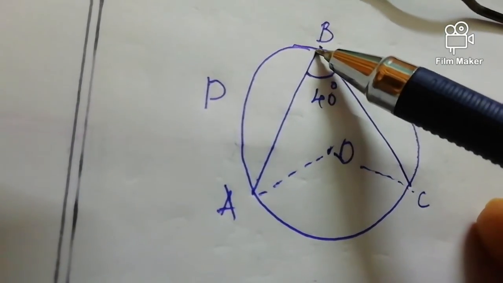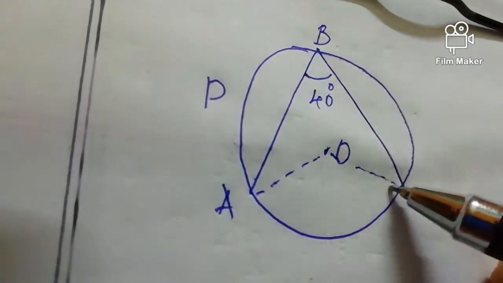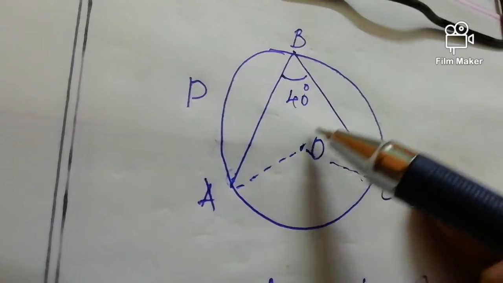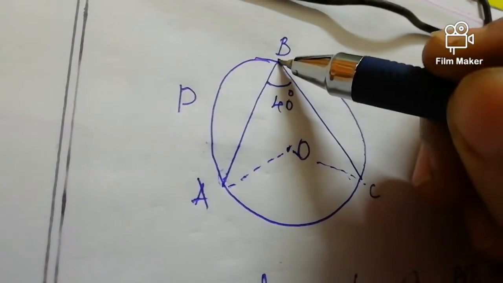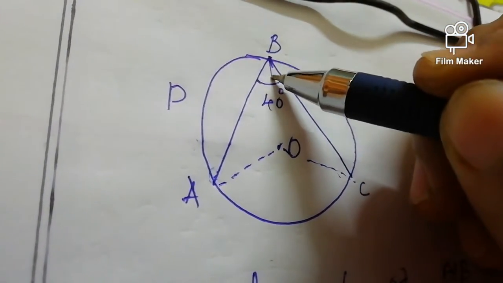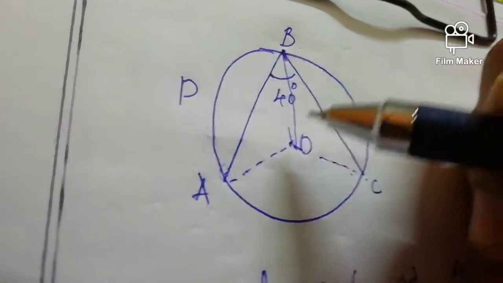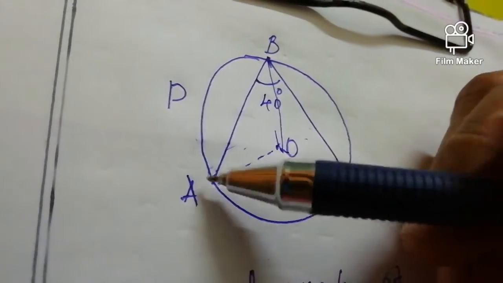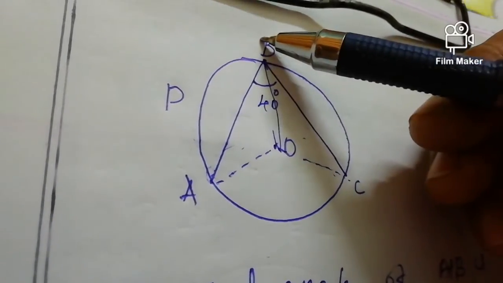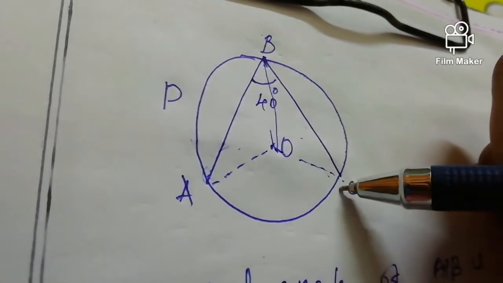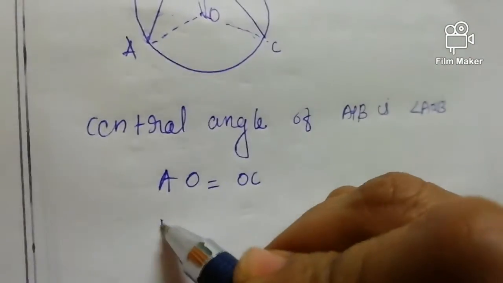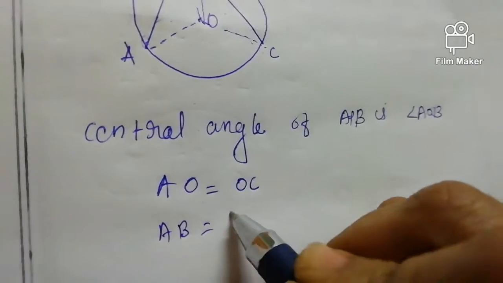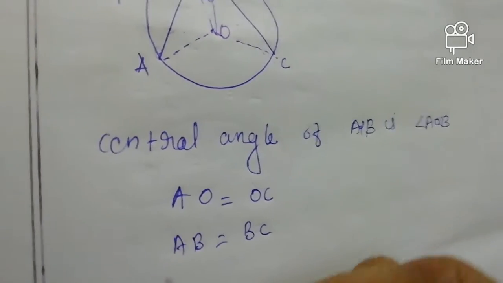Here, ABC is considered as a triangle. If we draw a line from B to O, we get two triangles, and AB is equal to BC, which is given in our question.